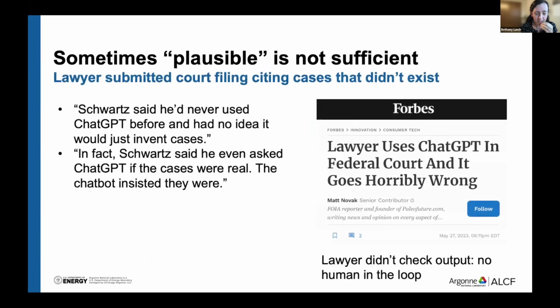But sometimes it's not sufficient, and people sometimes expect these LLMs to be something you don't have to check. So one case that I think many of us heard about in the news was this lawyer who submitted a court filing citing cases that didn't exist because ChatGPT made them up.